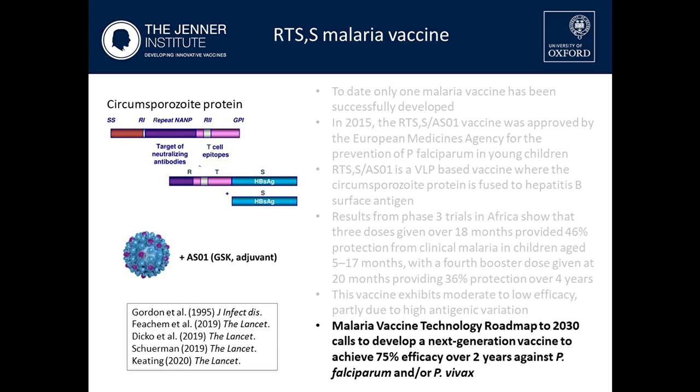So if we really want to eradicate malaria, we will have to improve our current vaccines, and the Malaria Vaccine Technology Roadmap to 2030 calls for developing a next generation of vaccines to achieve 75% efficacy or more over 2 years against Plasmodium falciparum or Plasmodium vivax.